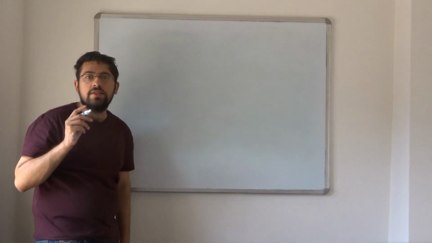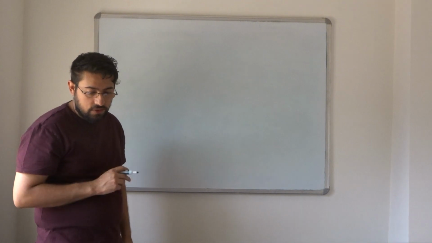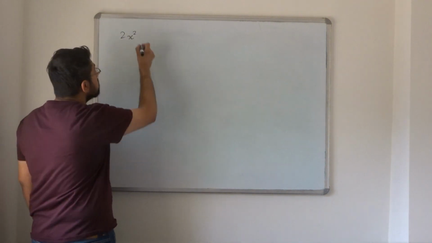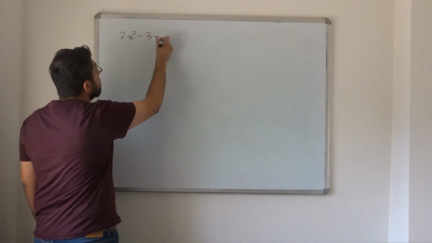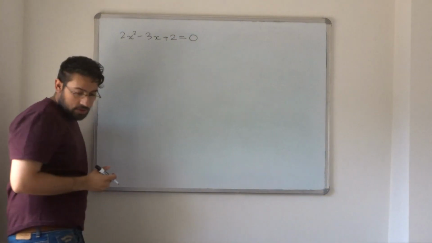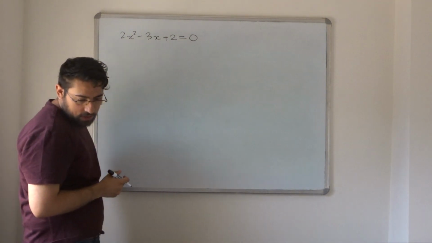Okay, so now guys, the example which I'm going to take, I want you to listen very carefully. This is a much harder example now. So now the questions are going to get harder.